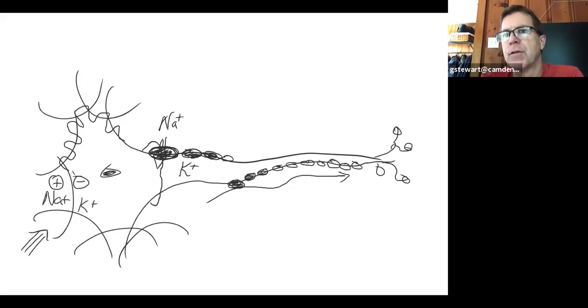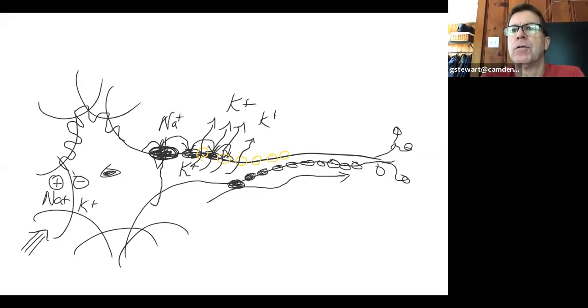So after these sodium channels have opened and sodium has rushed in, they close up, and then potassium gates, I'll label those yellow, along this same membrane open up, and potassium rushes out of the cell. This is called repolarization.